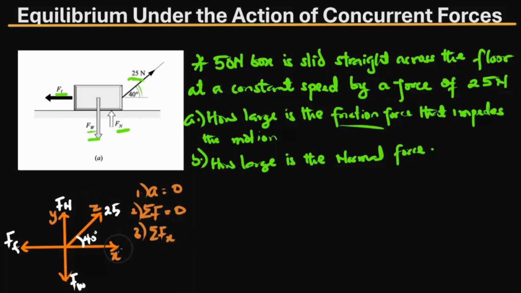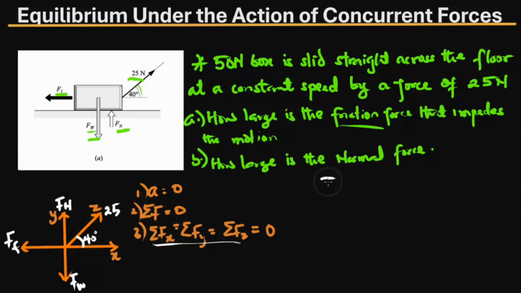The sum of forces in the x direction is equal to 0, the sum of forces in the y direction and the sum of forces in the z direction all equate to 0. We're going to make use of this to solve this problem.